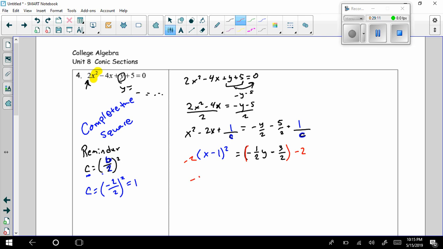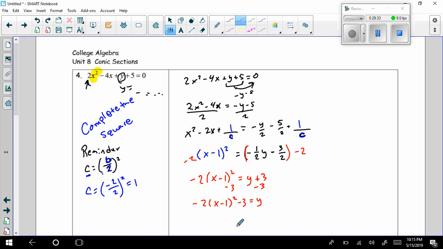So now we have negative 2 times x minus 1 squared is equal to y plus 3, and then we'll subtract the 3. So negative 2 times x minus 1 squared minus 3 equals y.